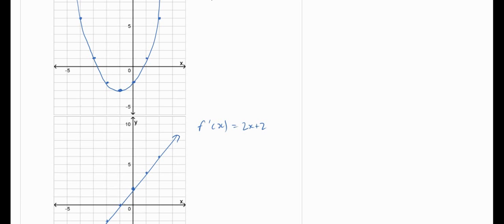I ask you, what's the relationship? Yeah, very good. Okay, so in polynomials, there's a relationship between the degree of a polynomial function and its derivative. Exactly, very good.